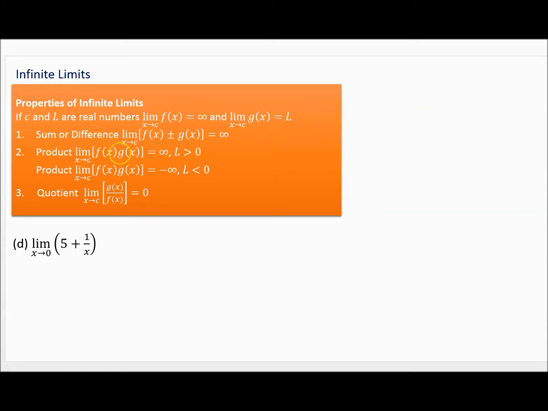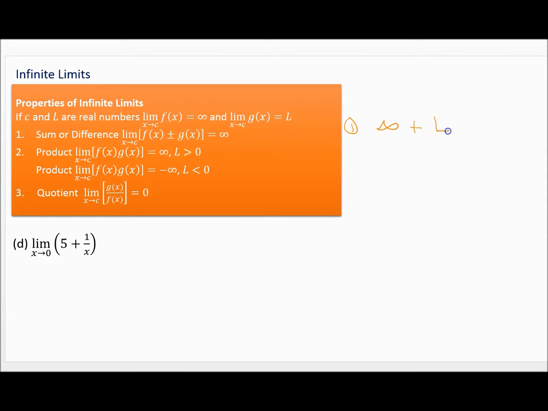Notice it says sum or difference. If we add or subtract, the limit as x goes to C of f of x plus the limit as x goes to C of g of x, okay, if you think about what's going on here, it's like adding infinity, the limit of f of x, plus L, the limit of g of x.